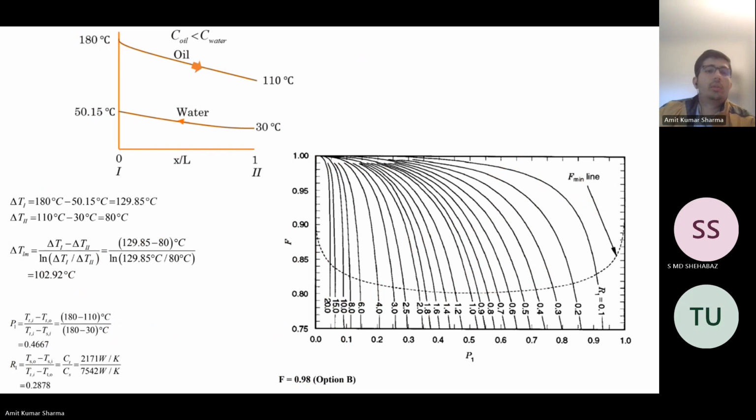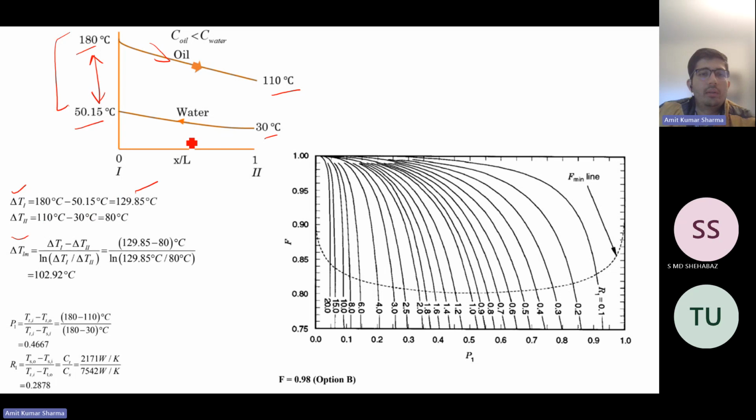So the diagram of the heat exchanger is like this. So 180 degree to 110 and 30 to 50.15. So you can see the oil is coming like this from high to low, and the water is going like this. Okay. So now calculate delta T1. So delta T1 will be this one, 180 minus 50.15.